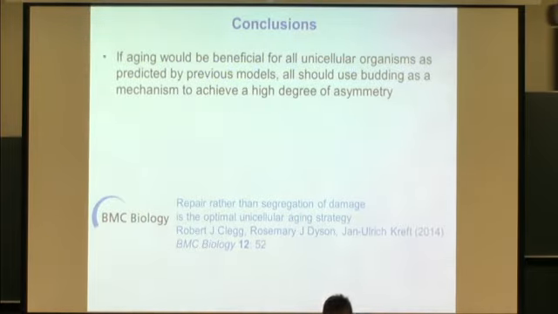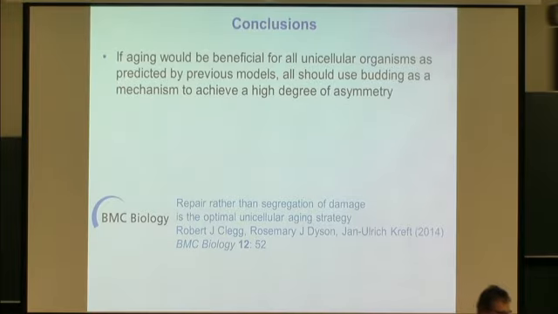So if aging would actually be beneficial, as previous models have suggested, all organisms should really be budding. But that's not the case. Some bacteria do bud, but not that many.